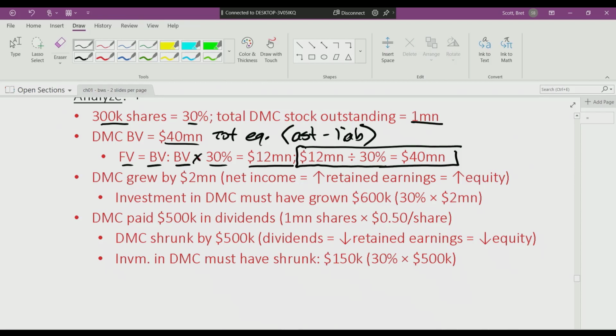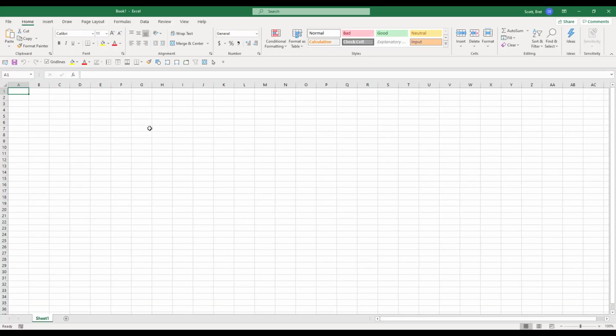I did a little drawing here. Let me see if I can find it for you. If a company, the 70% of a company I don't own is represented by that yellow box. And then I've got the stake that I bought down below, the 30%. 12 million is what I paid.